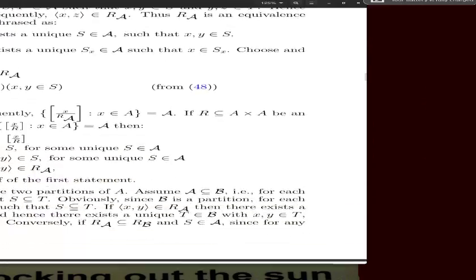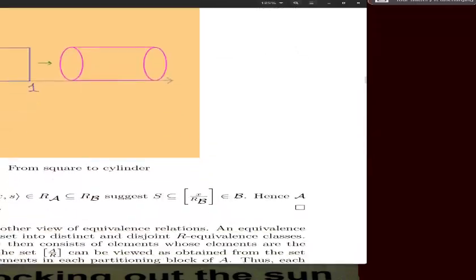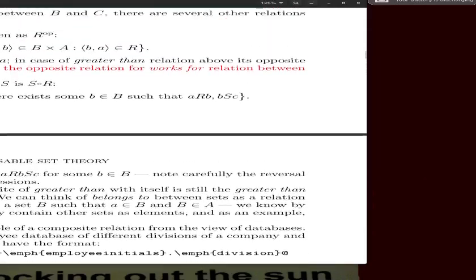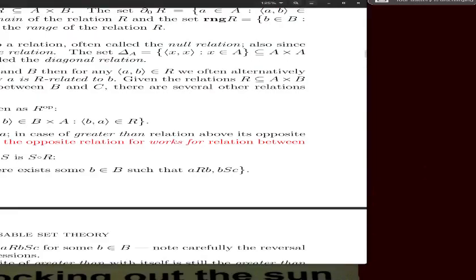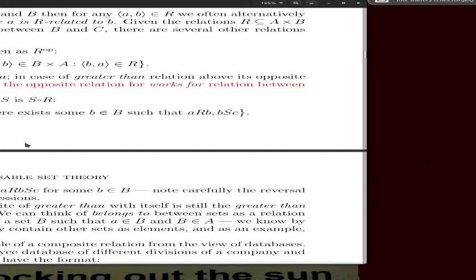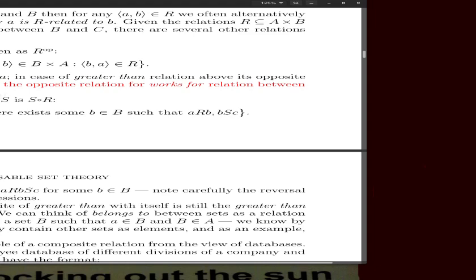Equivalence relations possibly was just written, and only in the end there was one question I seem to remember. Oh, here, the opposite relation. Say the phrase the opposite relation works for relation between employees and division. So things which are written in red and you're asked to evaluate, those are your assignment questions, right?